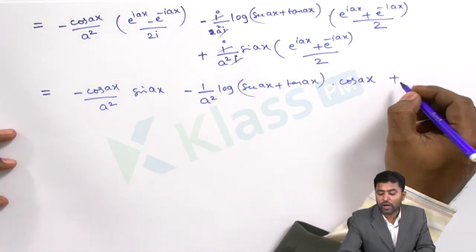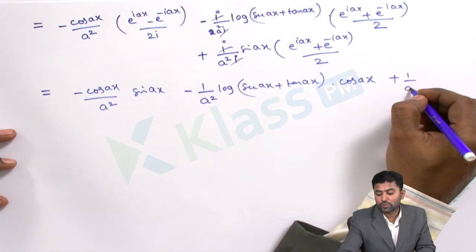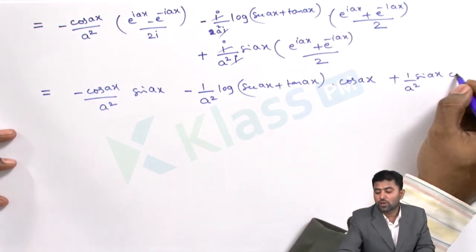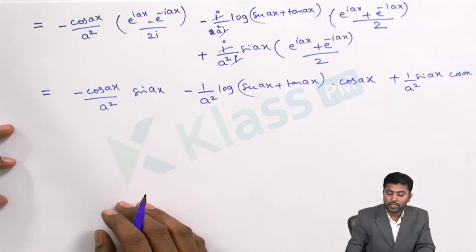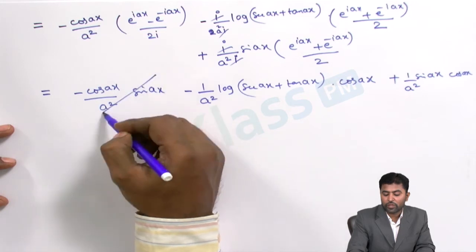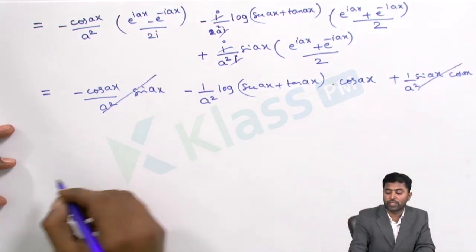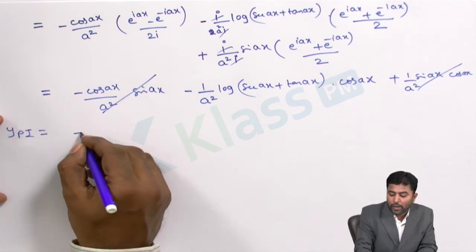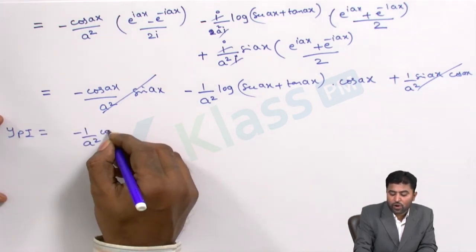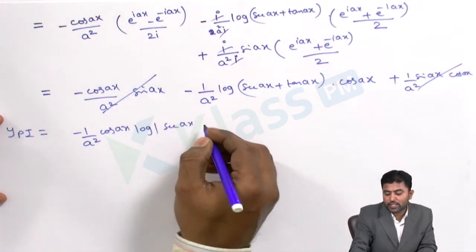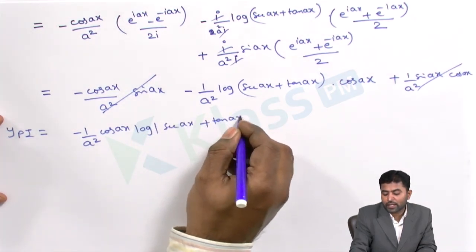And here also it got cancelled. So we get 1 by a square sin ax into cos ax. If you observe, the first term and the last term are the same with minus sign and plus sign, so they get cancelled. Therefore we get ypi is equal to minus 1 by a square cos ax into log mod secant ax plus tan ax.